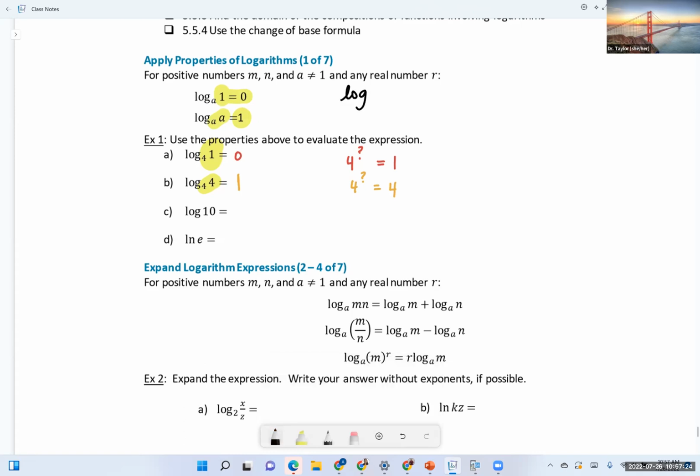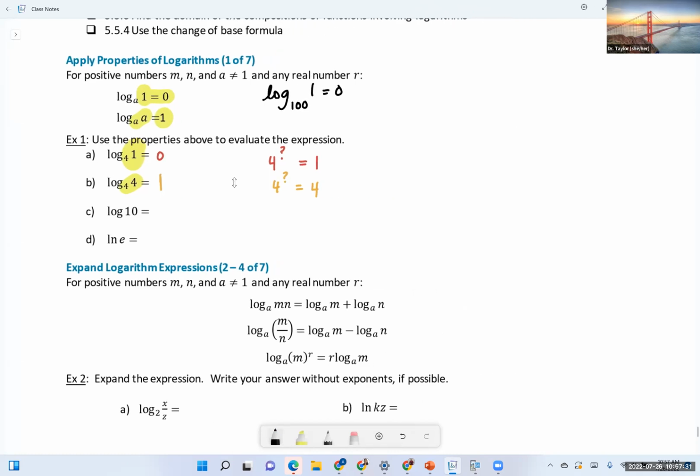So log base anything of 1 is still 0. That's a huge property that allows you to quickly solve questions. It doesn't matter what the base is, it's still gonna be 0 if the argument is 1.